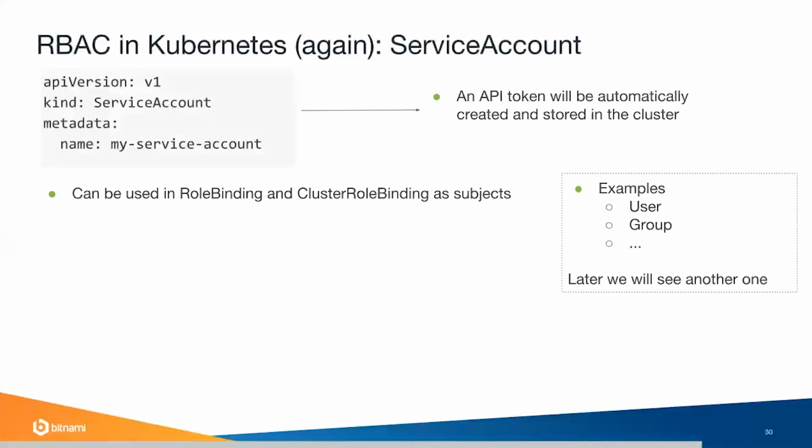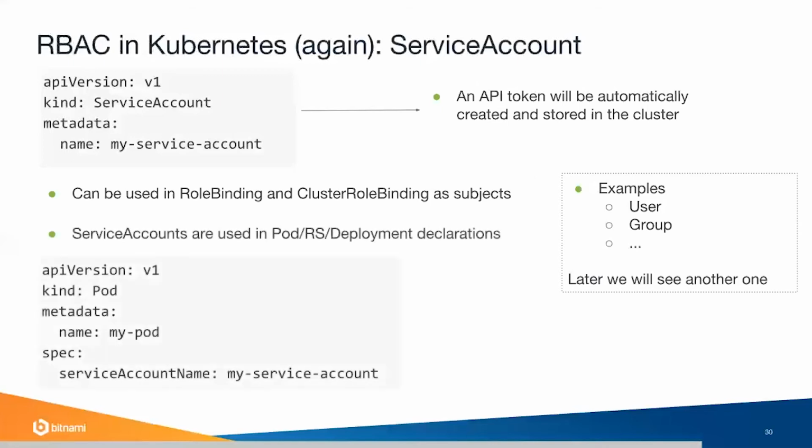And now the only thing that's missing is to tell a pod or deployment to use one service account or another. So we need to specify which service account, which user, will be used by the pod.